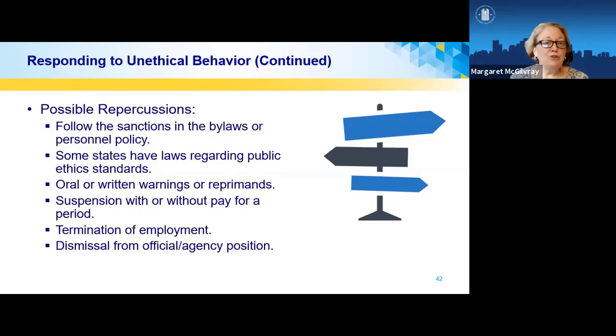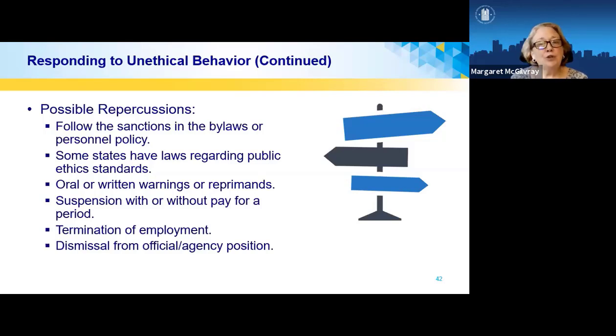What sanctions should you expect if these behaviors occur? So the executive director and the board of commissioners through the PHA bylaws are responsible for establishing sanctions for ethical violations. Many states have actually passed laws governing the conduct of officials involved in procurement, and that may be reflected also in your procurement policy. But in your bylaws, there should be some reflection of state ethic laws and what's required.